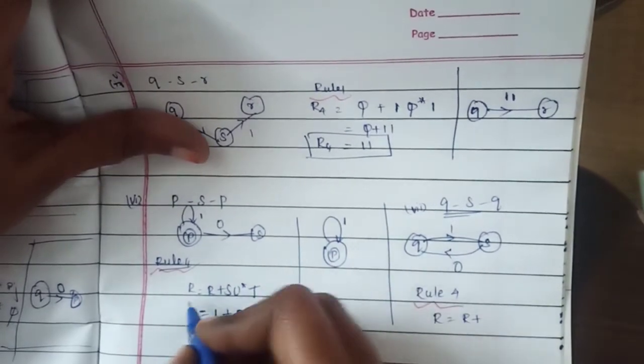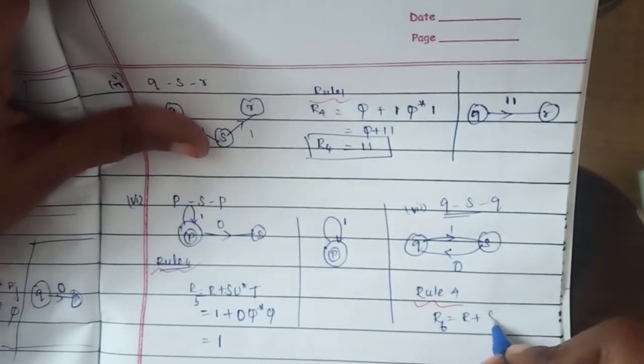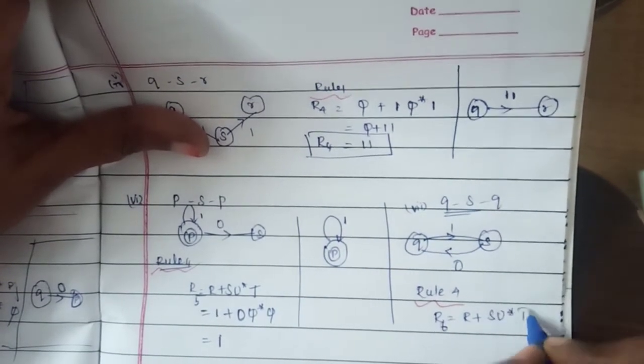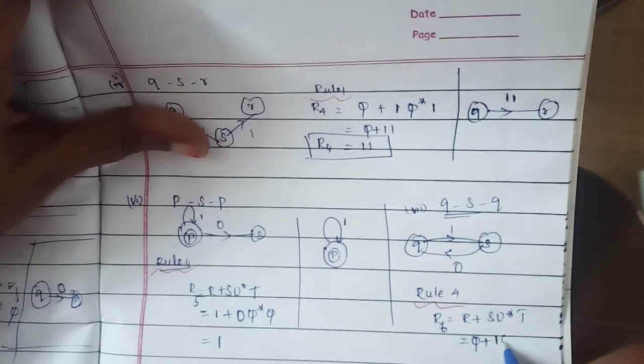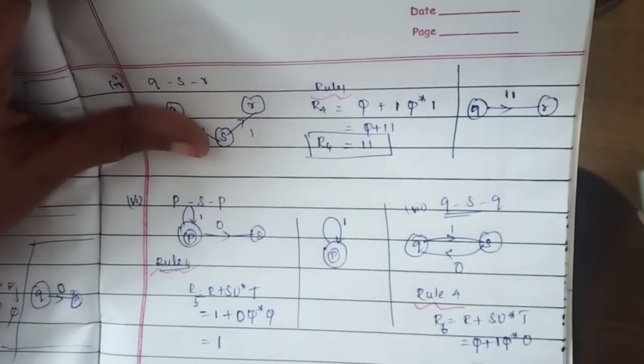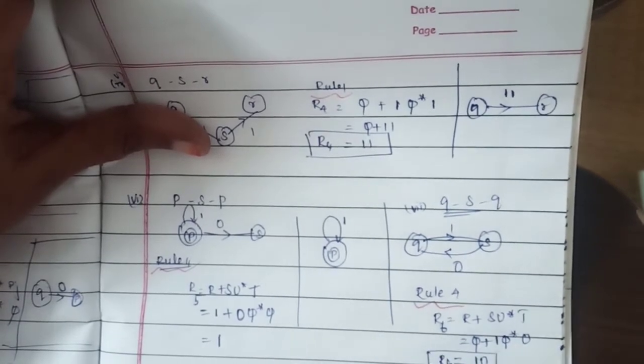So this is my R5, right? R5, and this is my R6. Yes, U closure T. So there is no R, and S will be 1, and there is no closure, and 0. So which means 1 0, right? R6 equal to 1 0.